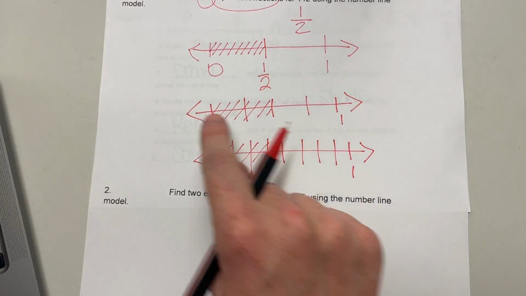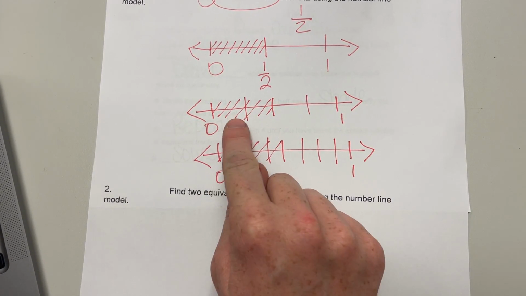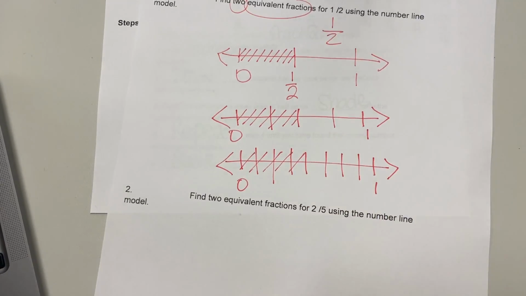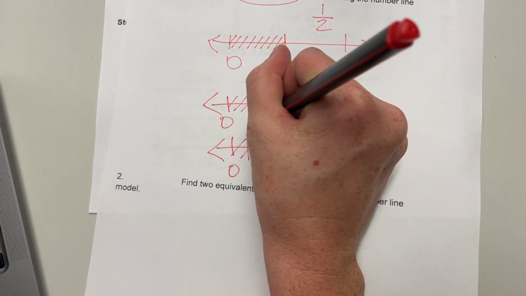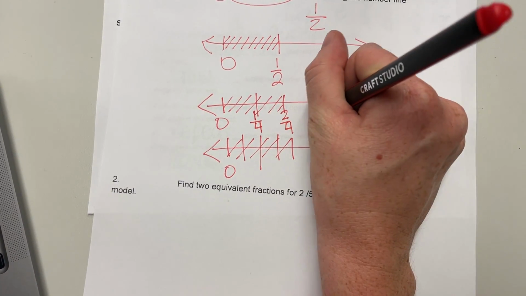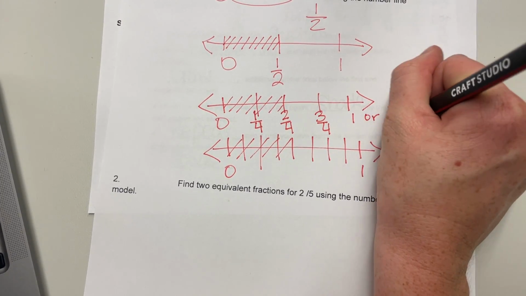Okay, now that they're divided into the sections, I can see how many parts I have. 1, 2, 3, 4. So this number line is 1/4. This one is 2/4. This one is 3/4, and this is 1 or 4/4.